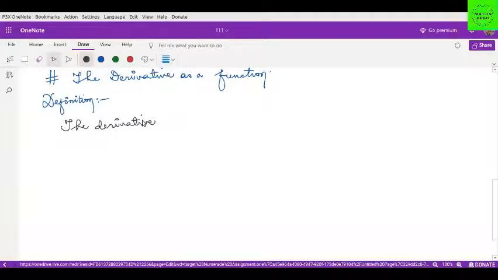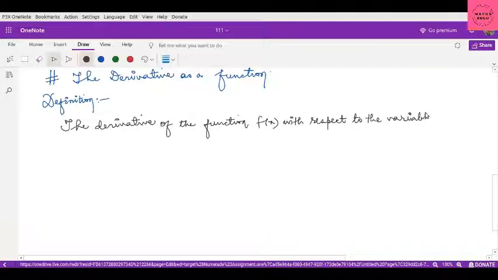derivative of the function f(x) with respect to the variable x is the function f dash whose value at x is given by f dash x.